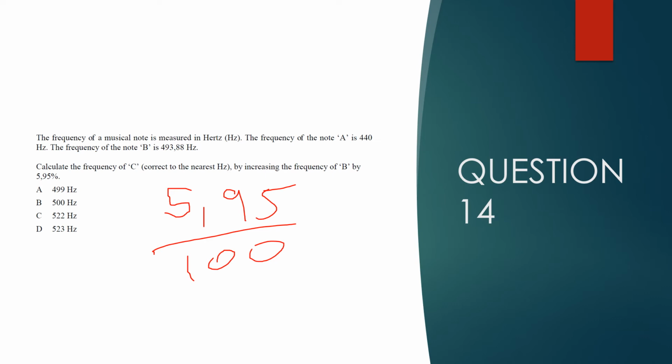So you want to first find out 5.95% of what? Of 493.88. So you want to first find that out, and then our answer is 29.39.